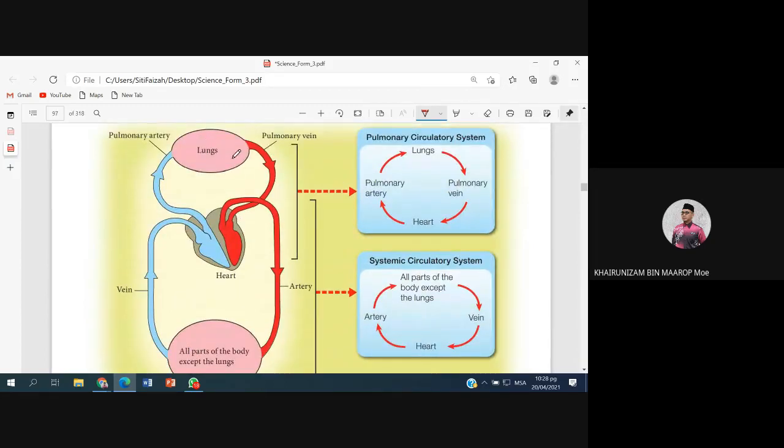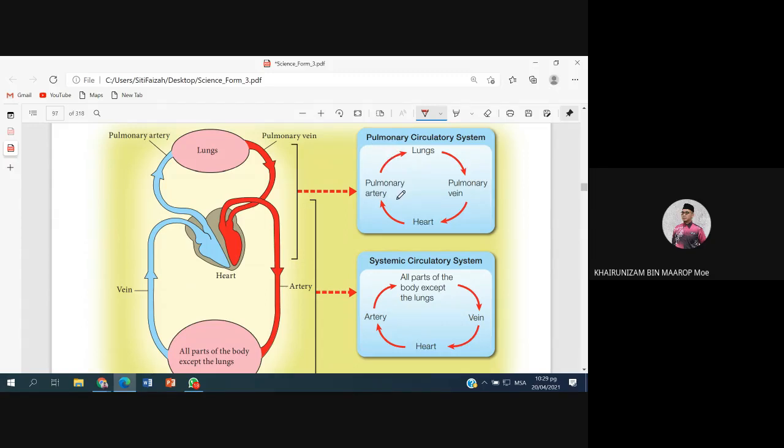Okay, if you look at this figure, one shows the blood from the heart to the lungs and from the lungs back to the heart. Another one shows the blood flowing from the heart to all body parts and entering back through the vein. So what is the pulmonary circulatory system?